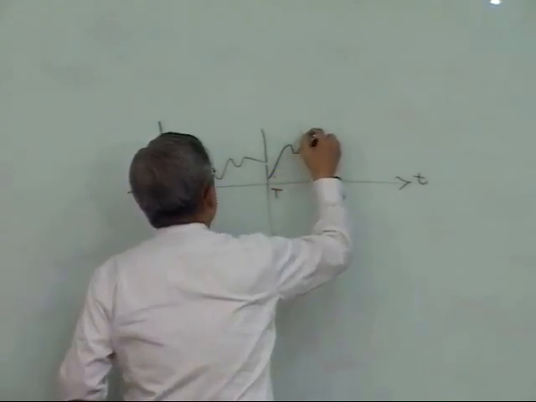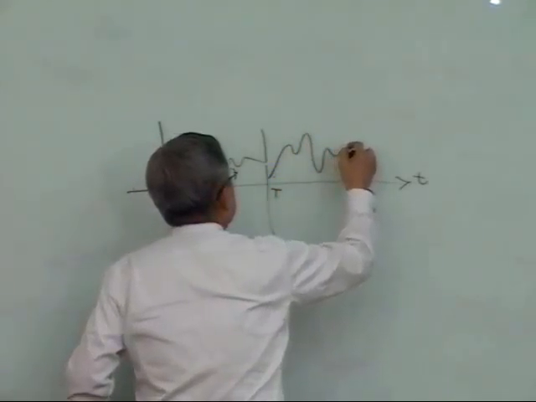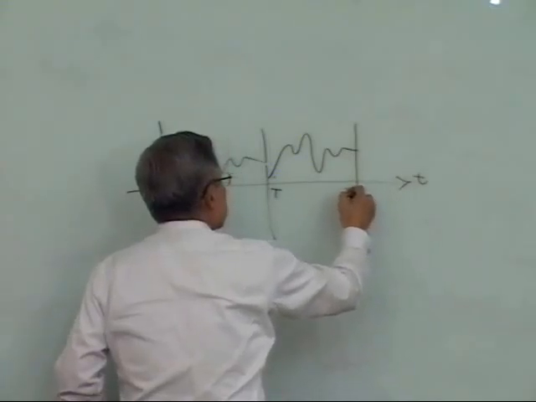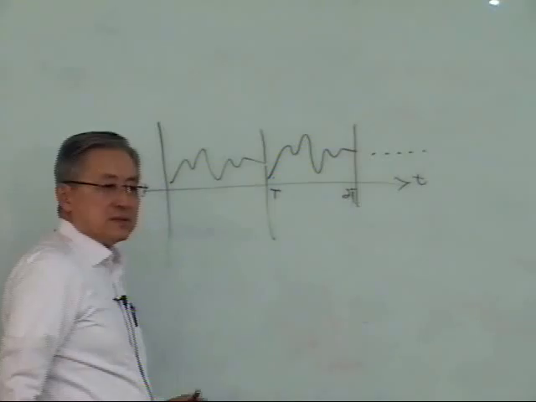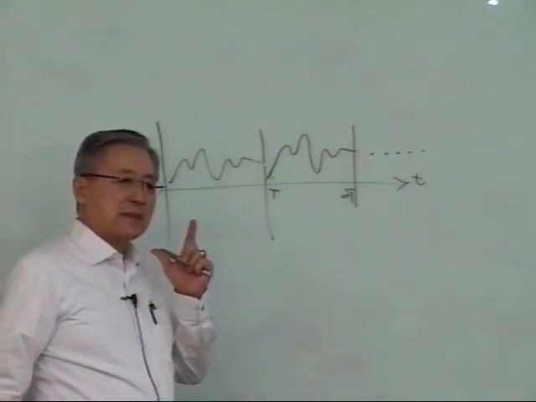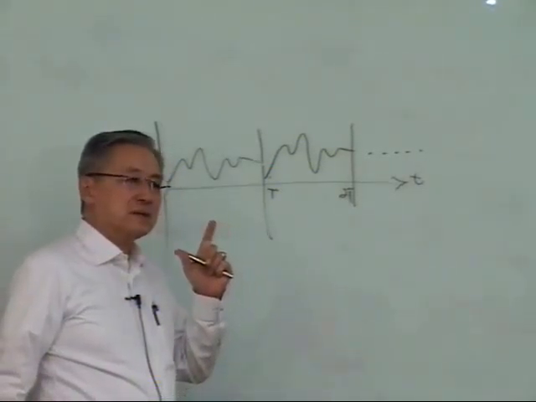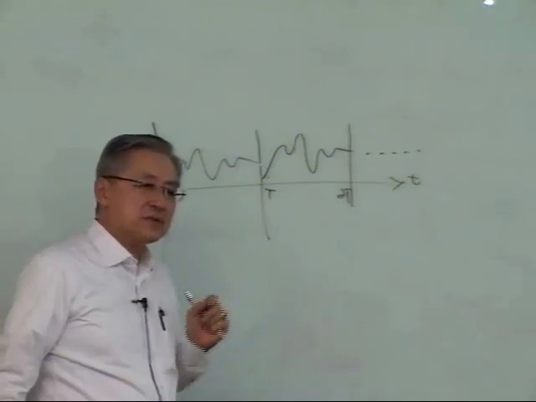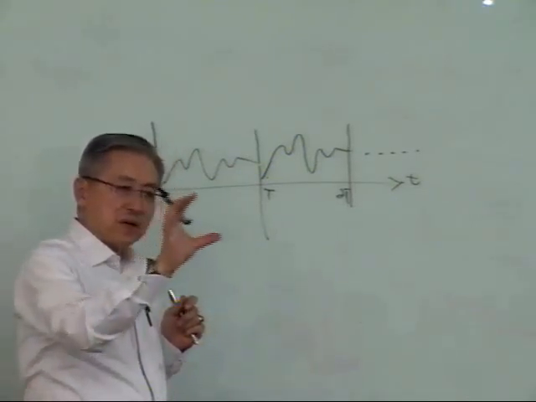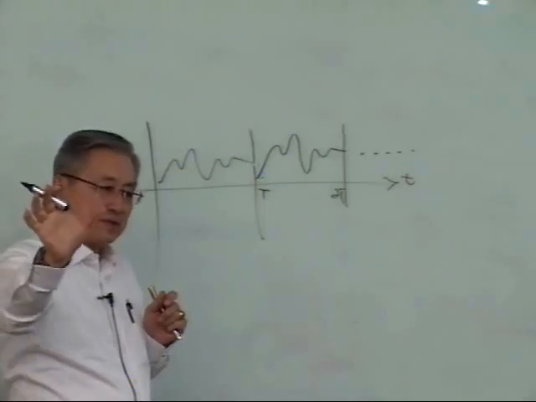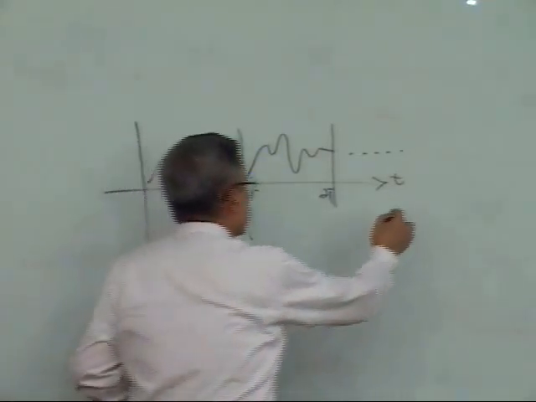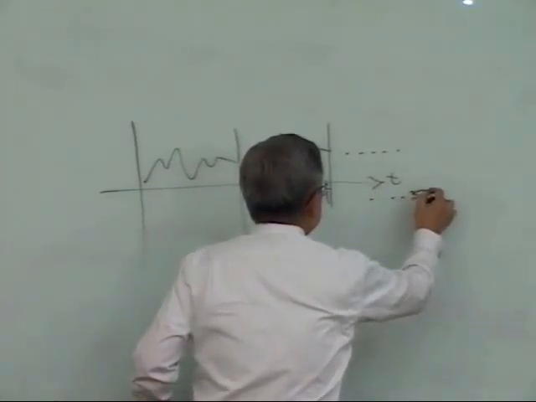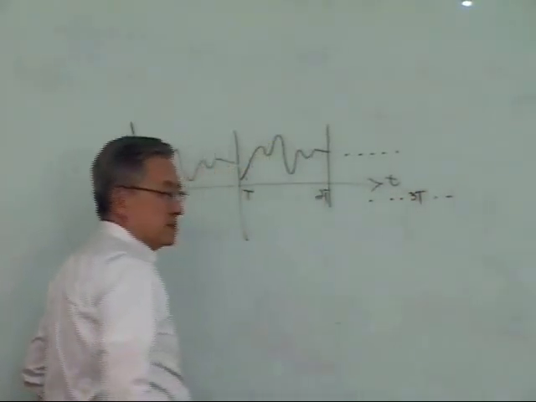So 2T, something like that. So it has a finite length of the data set. After that, it just assumes the repeat comes after. So 2T, then it could be 3T, and so on.